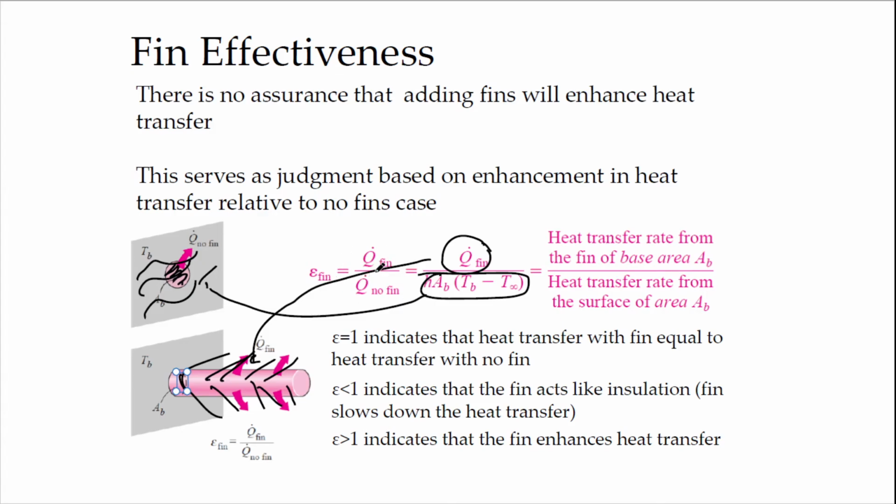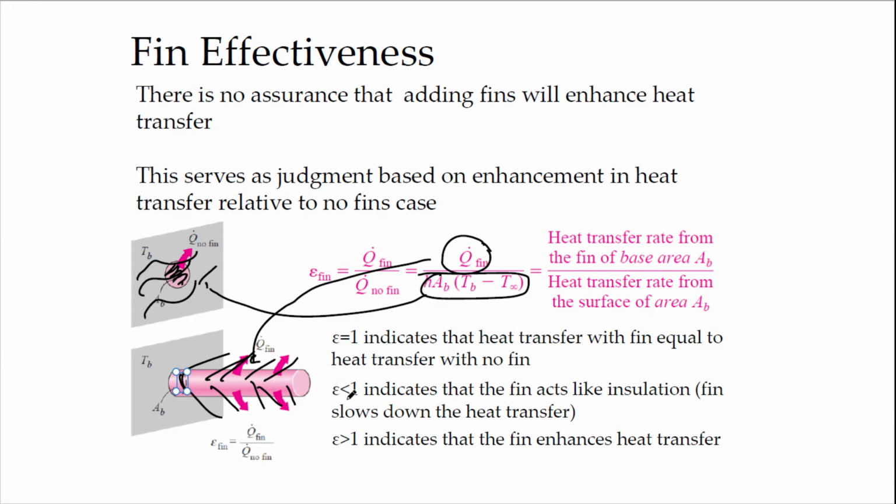If you find the ratio equal to 1, it means the heat transfer with fin is equal to the heat transfer with no fin. In that case, why bother to put a fin? Just leave it like that because you have an effectiveness of 1. If you have an effectiveness less than 1, maybe 0.1 or 0.05, that indicates that the fin acts like an insulation, or the fin slows down the heat transfer. So what happens?